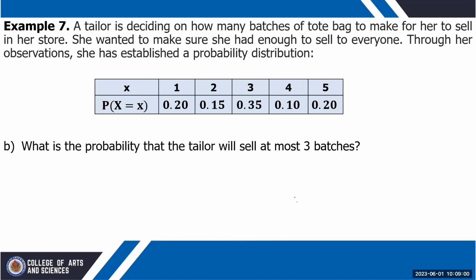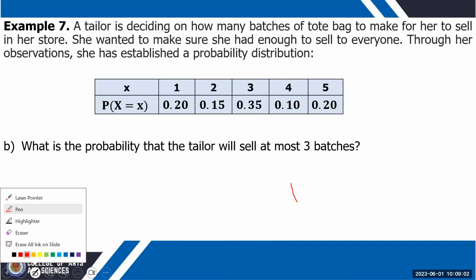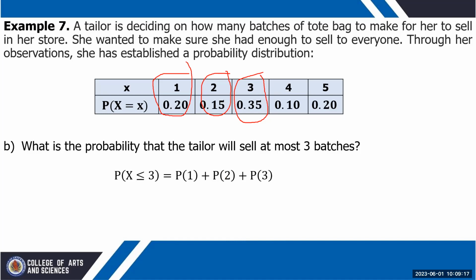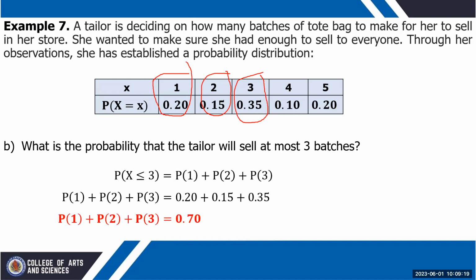Paano naman kapag ang maipapaano niya is at most 3 batches? Ibig sabihin, maximum na niya yung 3. So pwedeng nakabenta siya ng tatlo, nakabenta siya ng 2, or nakabenta siya ng 1. You're gonna add, so that will give you 0.7. So basahin niyo lang kung ano yung sinasabi dito.